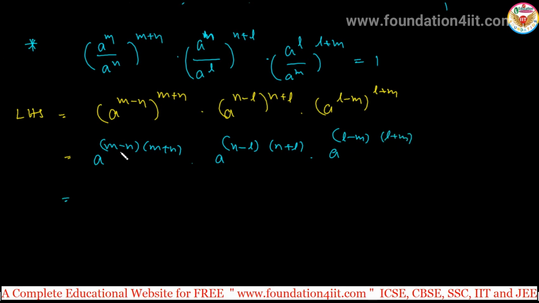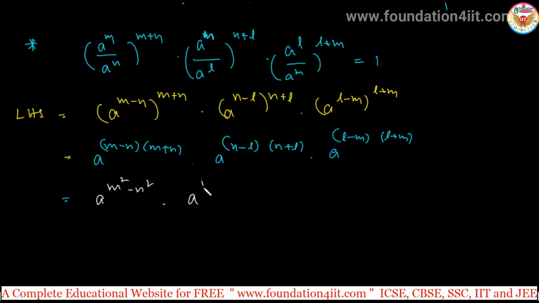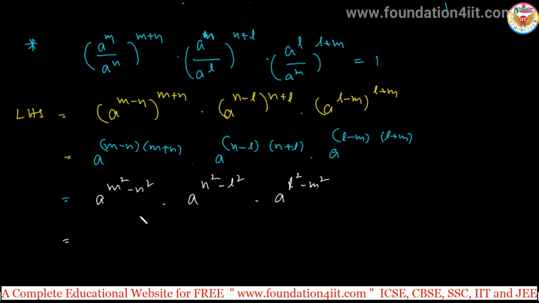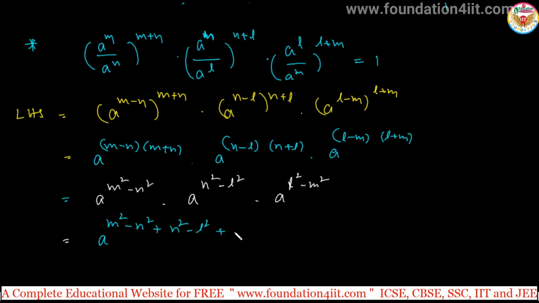Simplify more. (m-n) into (m+n) is the (a+b)(a-b) formula, that is a square minus b square, which you studied. In the same way it is m square minus n square, into a to the power n square minus l square, a to the power l square minus m square. And by the first property, when the base is the same, we can add the powers: a to the power (m² - n²) + (n² - l²) + (l² - m²).